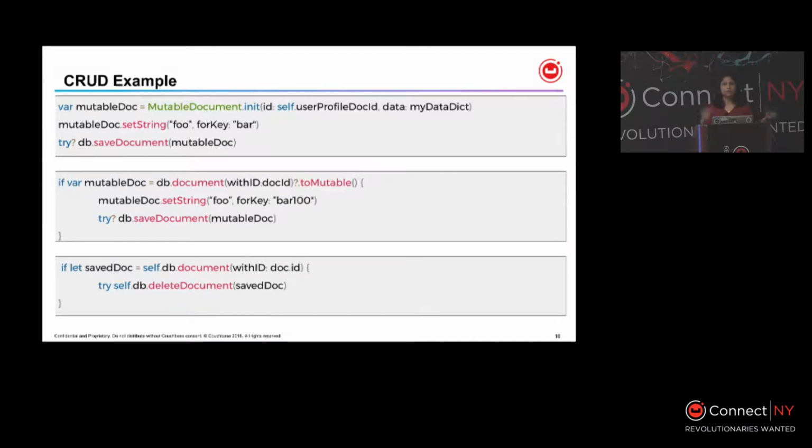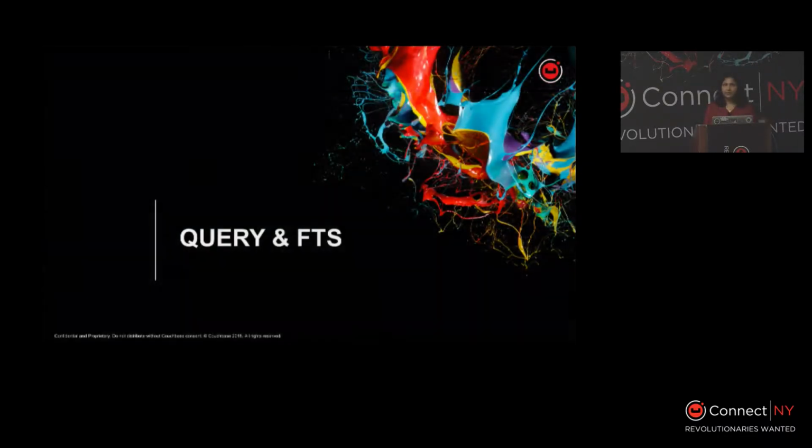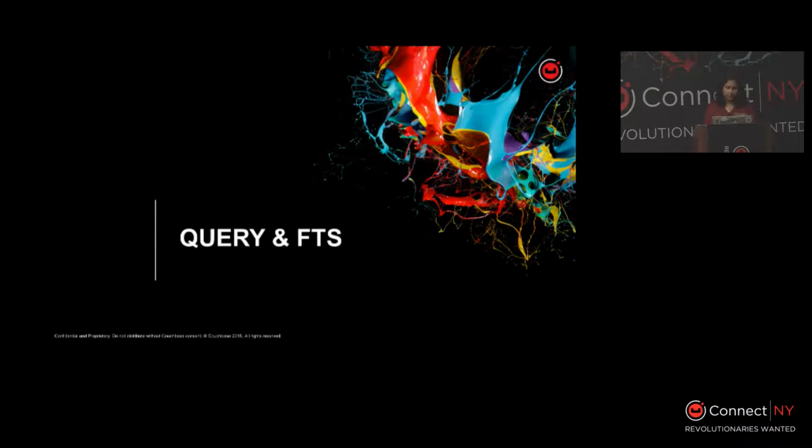So trying to pass these objects around different threads, you're going to run into potential race conditions and other thread safety issues. So by making it immutable, we are enforcing that if you want to change any object, you're going to have to get a mutable instance of that object in the thread that you're operating on, and then all the changes are local to that thread, and you can save the object. So thread safety is another key tenet of the CRUD API or our API.